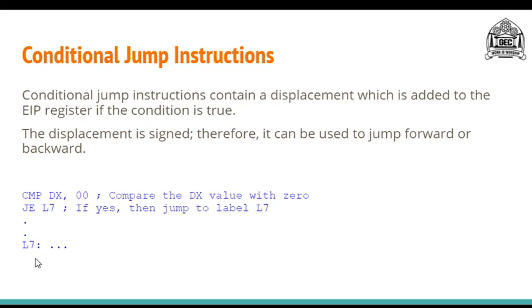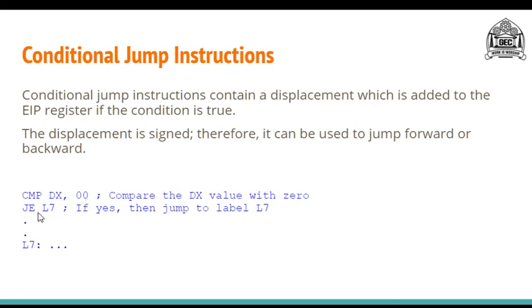So the first one is JE, which is jump when equal. Now look at this example, students. First we perform the instruction which compares the contents of DX with 0. It checks whether the content of DX is 0. In the second line, JE L7, it jumps the control to label 7 only when these two operands are equal.